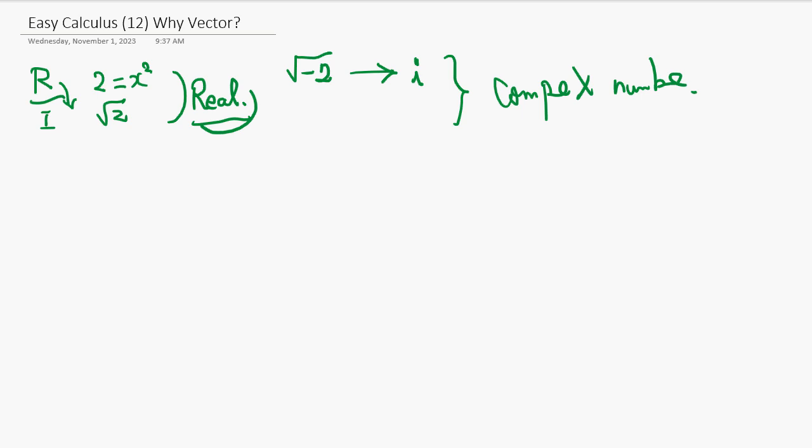This complex number is a plus bi, and a function of a complex number is going to be a complex number again. Okay, fine. We use that to solve some algebraic equations.